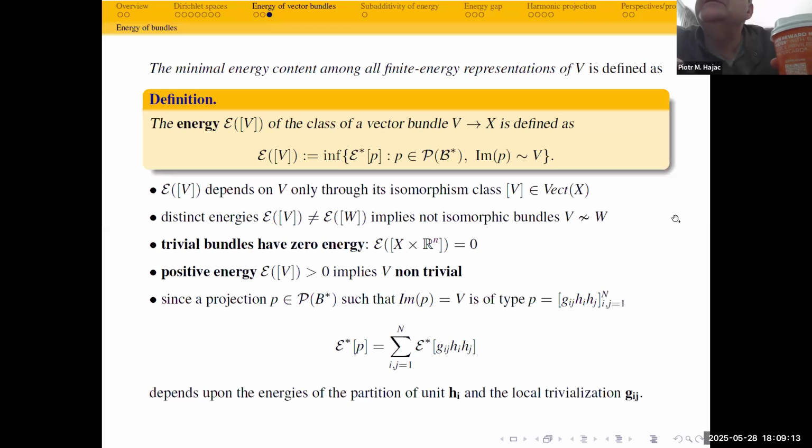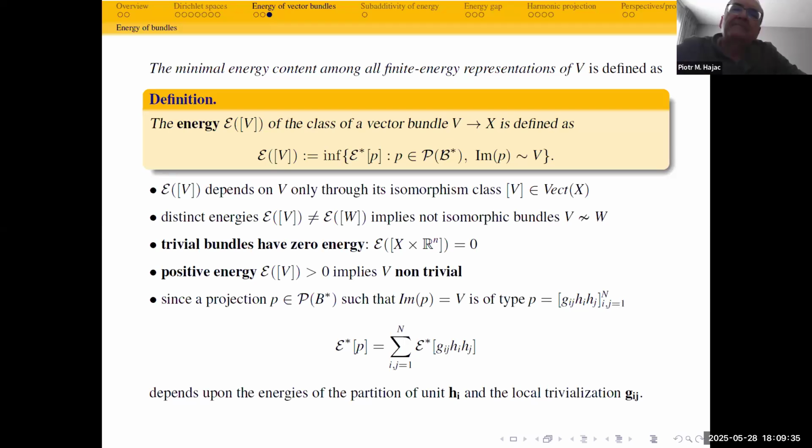I understand that the energy of a trivial bundle will be 0, right? Yes. Okay, so this means that it's not only well defined on the isomorphism class, but on the stable isomorphism class, right? Yes. But it's defined on K here. Yeah, thank you so much.